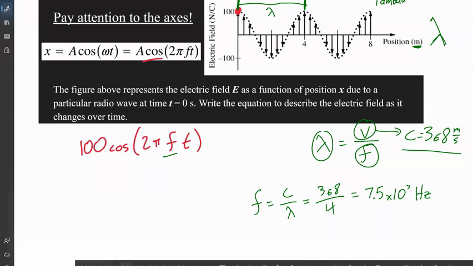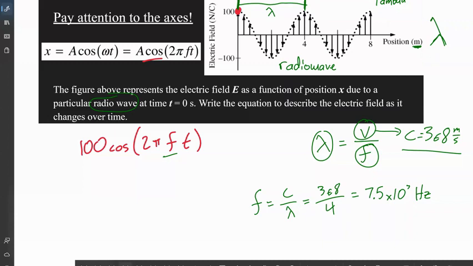Okay. By the way, a 4 meter wavelength, this is a radio wave. Anything in the meters realm is a radio wave.